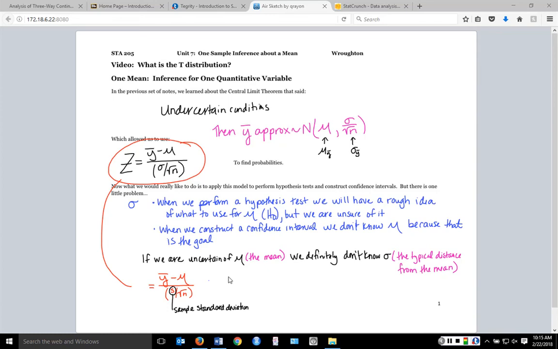So I hope that seems like a pretty reasonable replacement, as I'm just going to take sigma, which I don't know, that population standard deviation, and replace it with a sample standard deviation. But as soon as I do that, this thing is no longer called a Z, it's actually what's called a T. Which then probably begs the question, what's T? How is it different from a Z? How is it similar to a Z? So that's what we're going to talk about next.